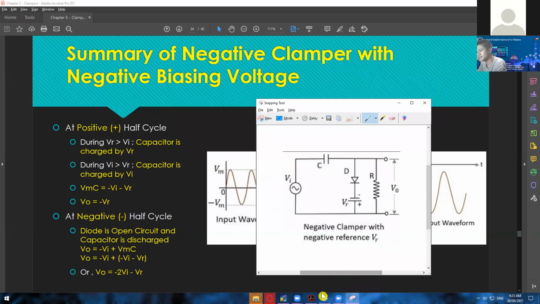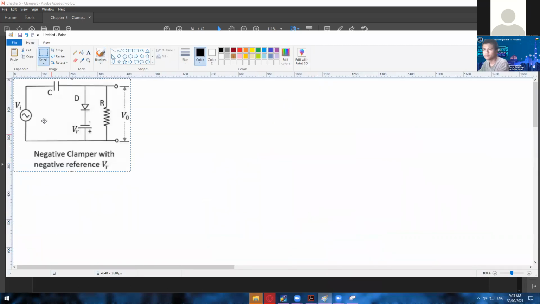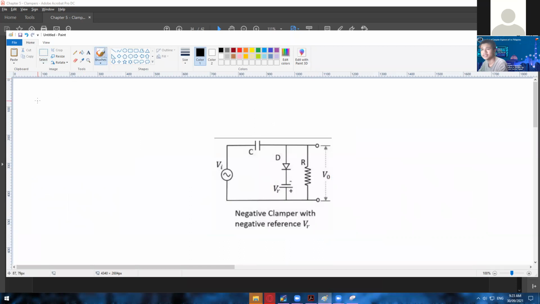You can just consider one. This is the quickest way, wherein VI is greater than VR. Of course, if VI is greater than VR, we only have one flow of current, and that is this one, just clockwise right here.